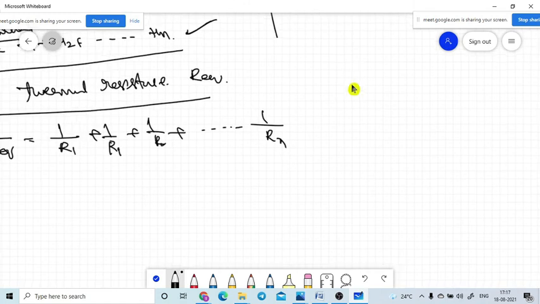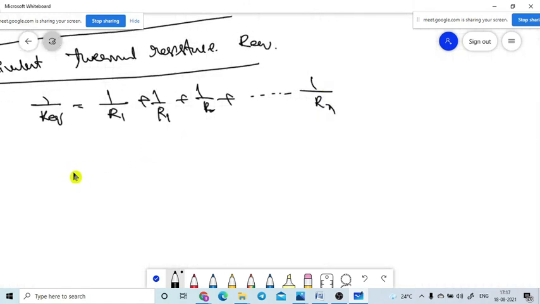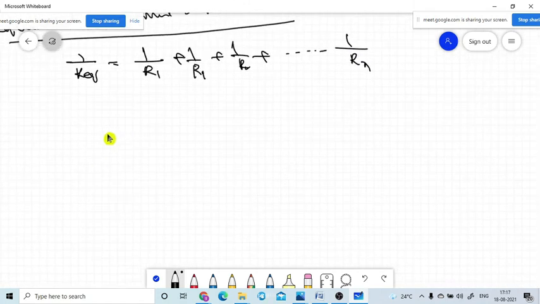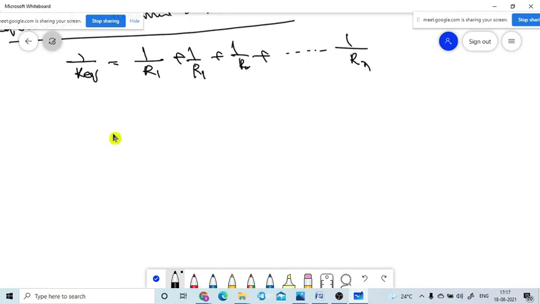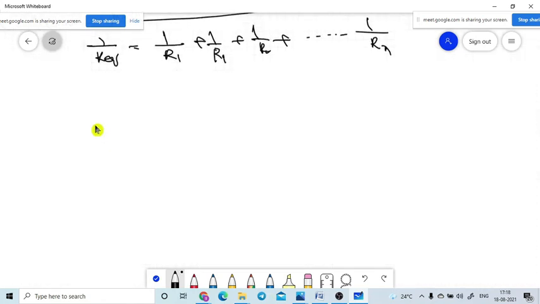Here, the potential difference means the temperature gradient. We need to use T1 minus T2, because heat flows only from the highest temperature to the lowest temperature. T1 minus T2 divided by L1 is equal to T1 minus T2 divided by L2, and so on.